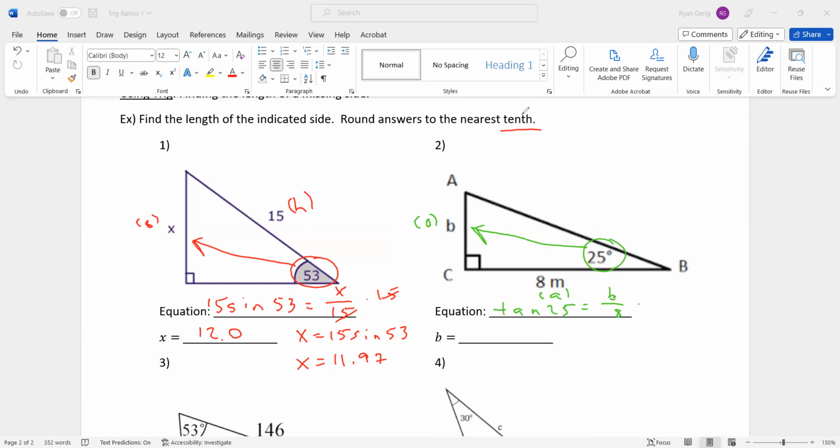So that's my equation. I'm going to multiply by 8. So I get b equals 8 times the tangent of 25 degrees. So 8 tangent 25, type it in your calculator, you get 3.73, which is 3.7 to the nearest tenth. All right. 2 more.